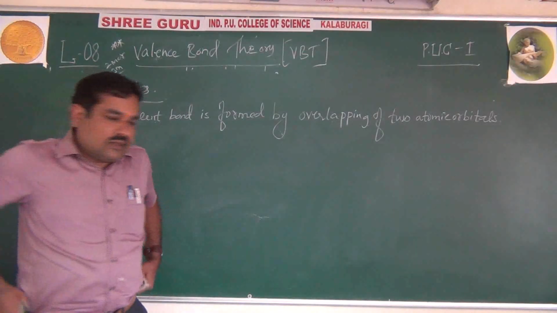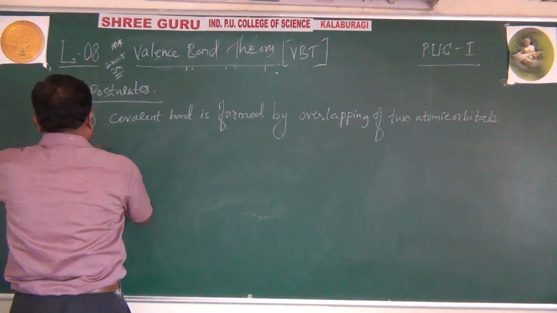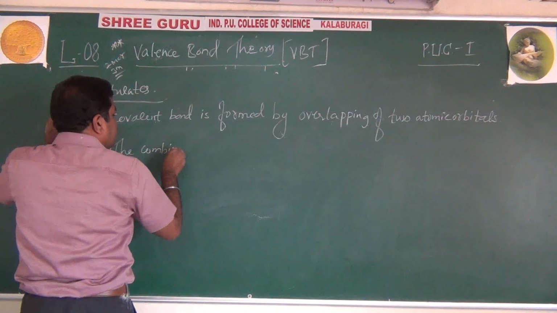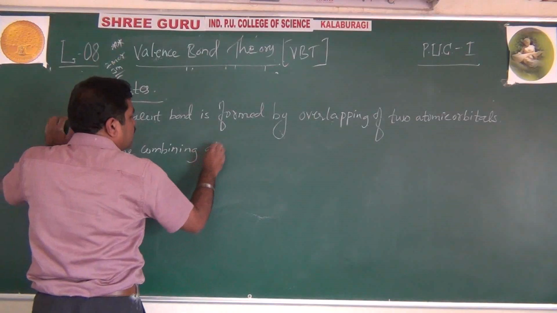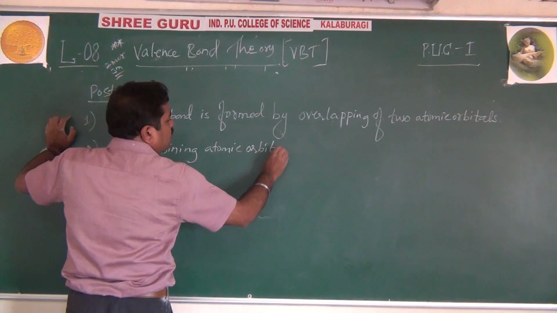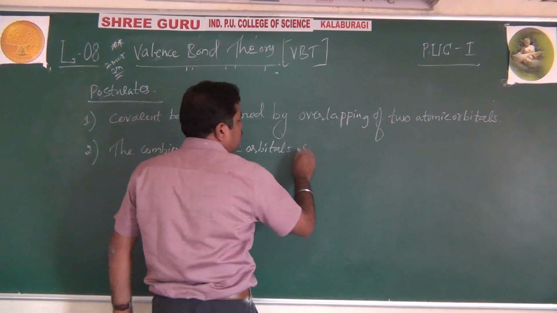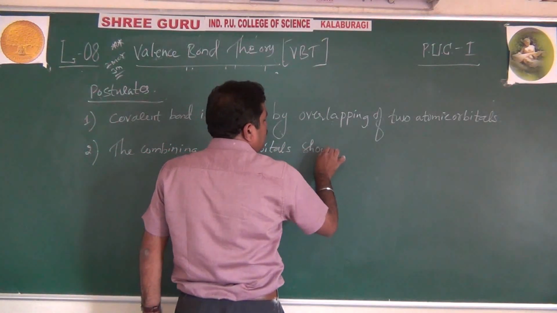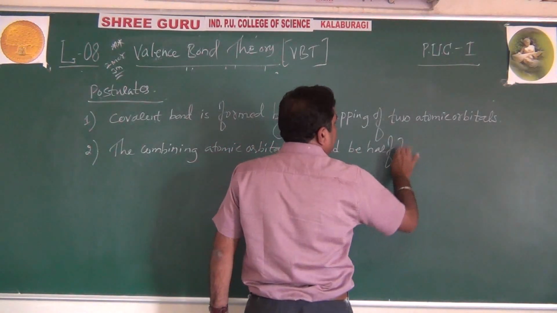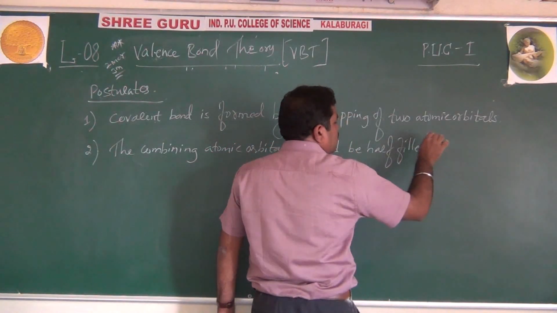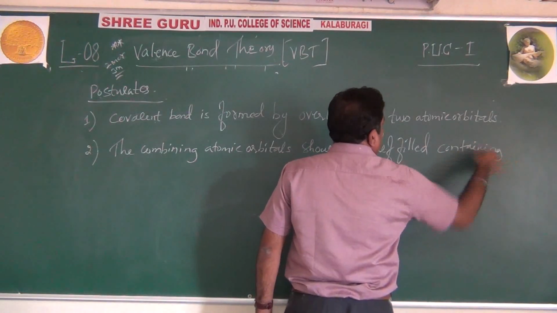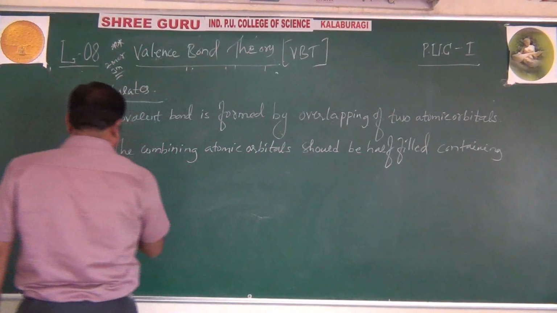And secondly, the combining atomic orbitals should be half-filled, containing electrons with opposite spin.